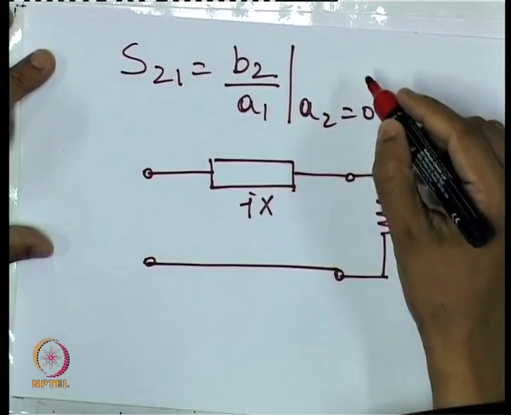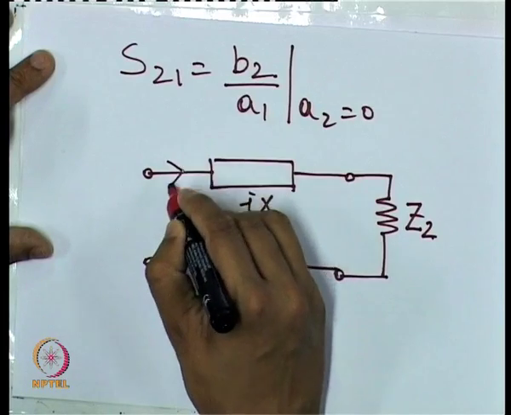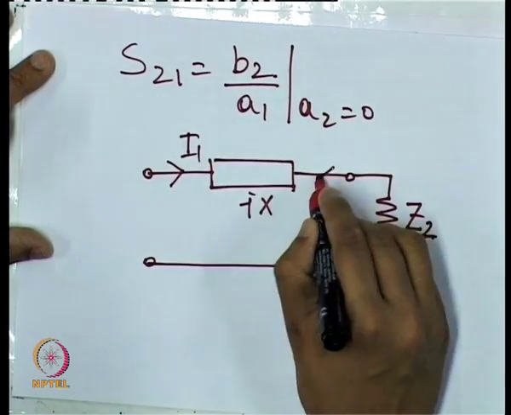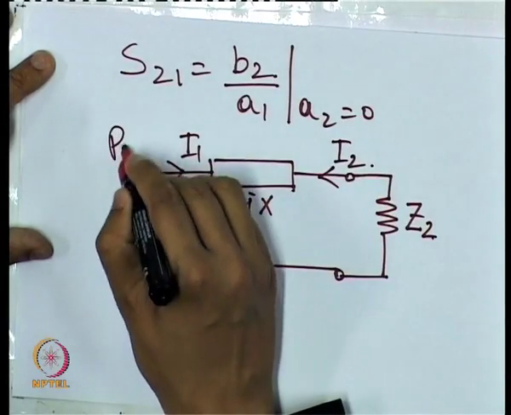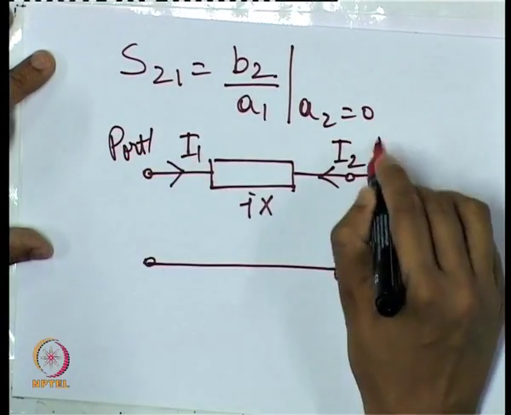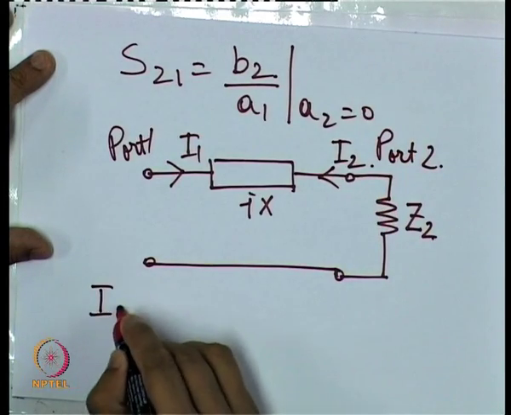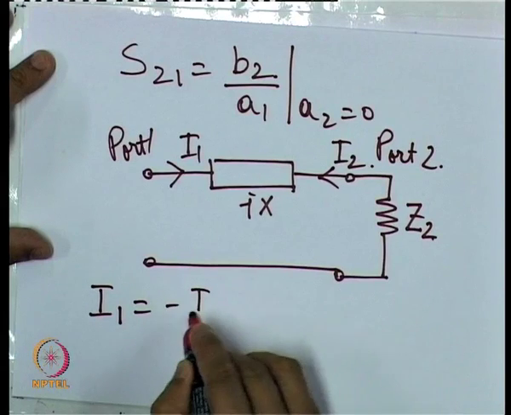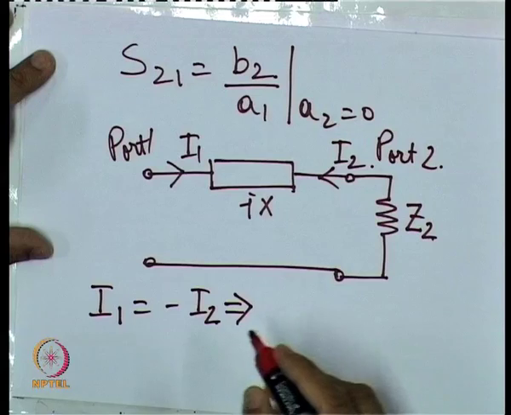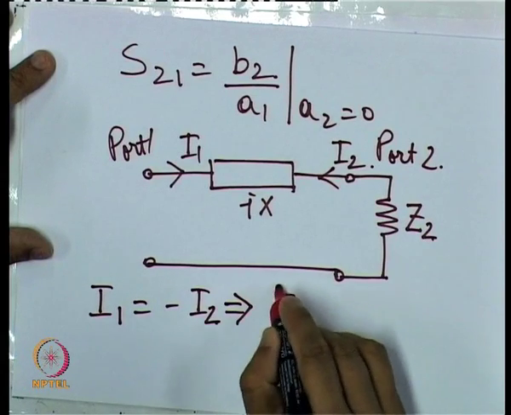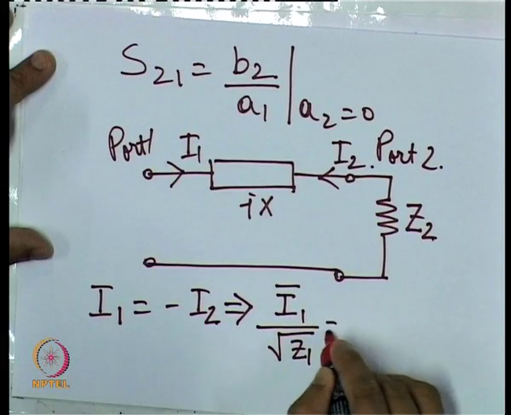But then what do we do next? Suppose I1 and I2 are the currents flowing into port 1 and port 2 respectively. Then we know that I1 is equal to the negative of I2. Now, if we write the same equation in terms of normalized currents, we can write it like this.